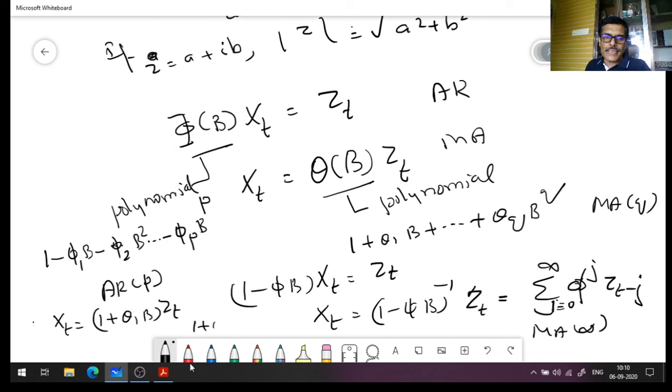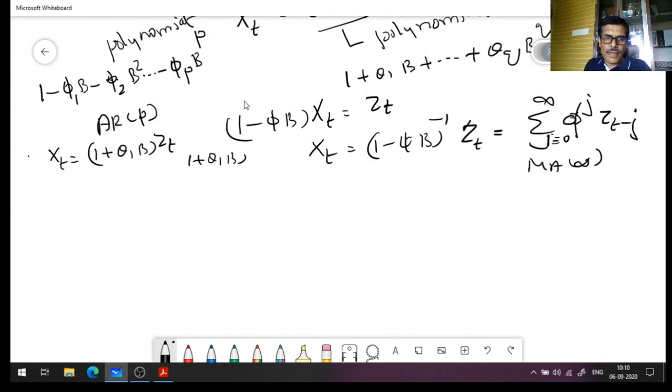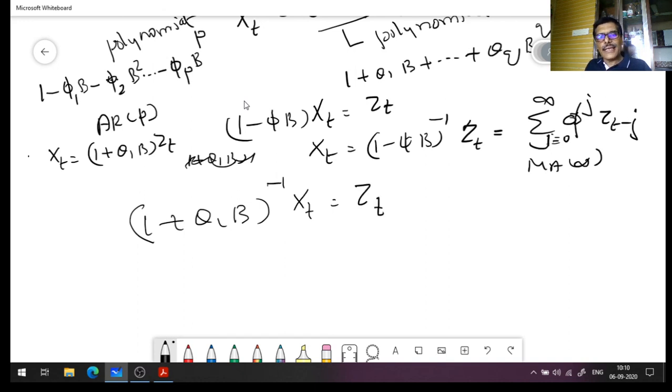It is (1 plus theta 1 B) inverse Xt equal to Zt. You can see that once I write the inverse, this is actually an infinite series. So this Zt you will be able to write in terms of an infinite past of Xt.